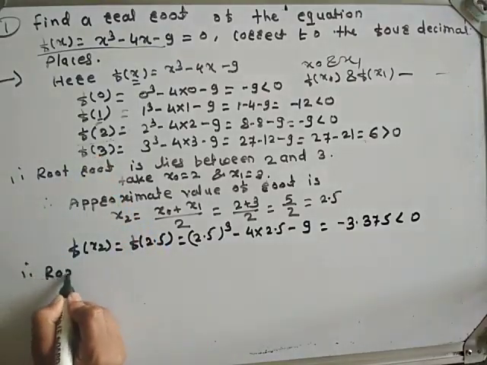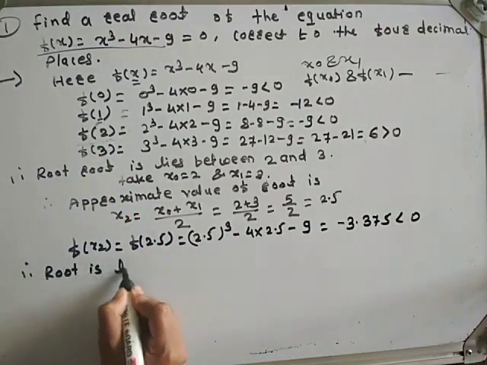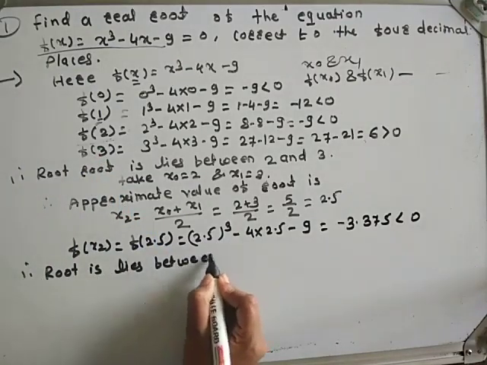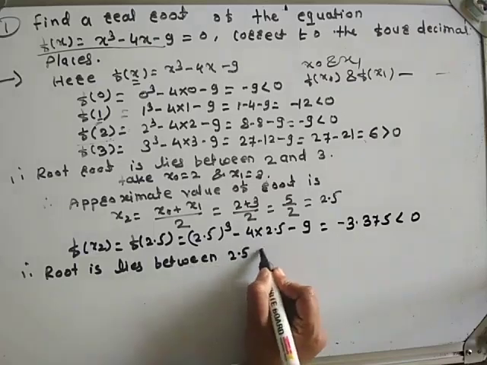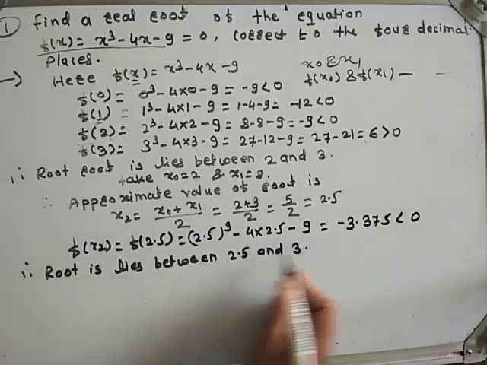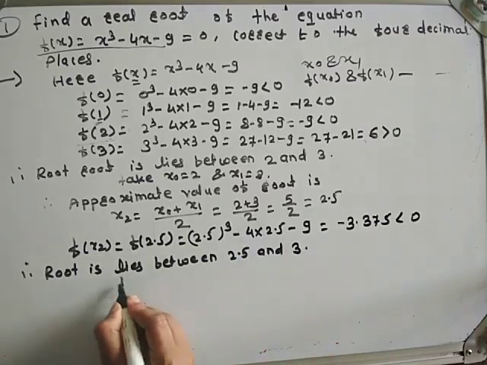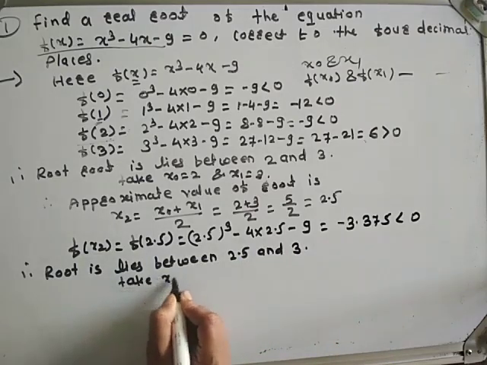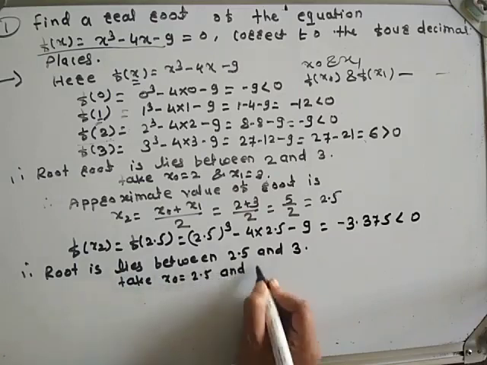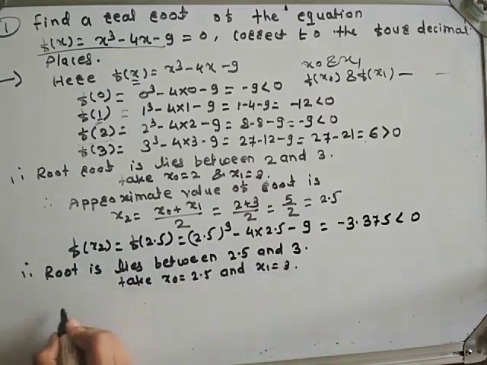Therefore, the root lies between 2.5 and 3. Take x0 equals 2.5 and x1 equals 3.